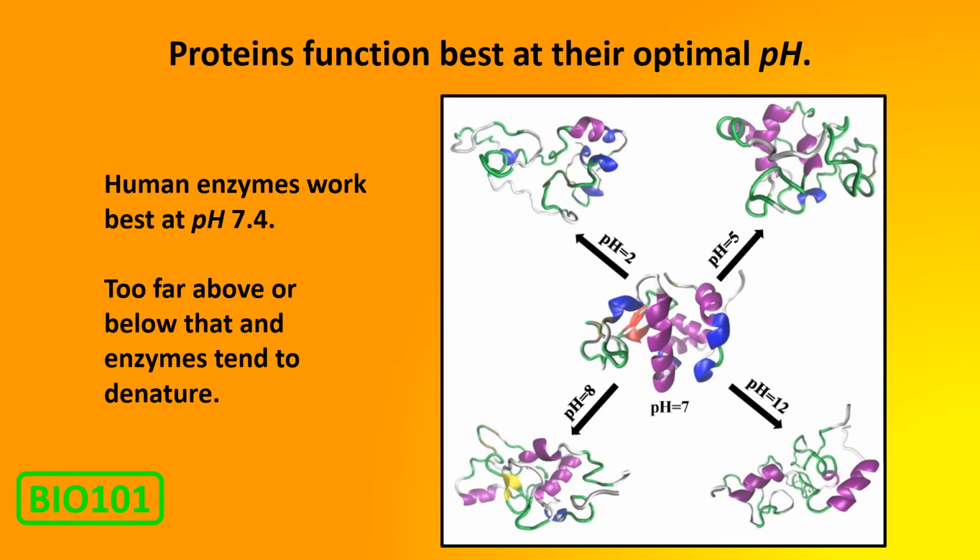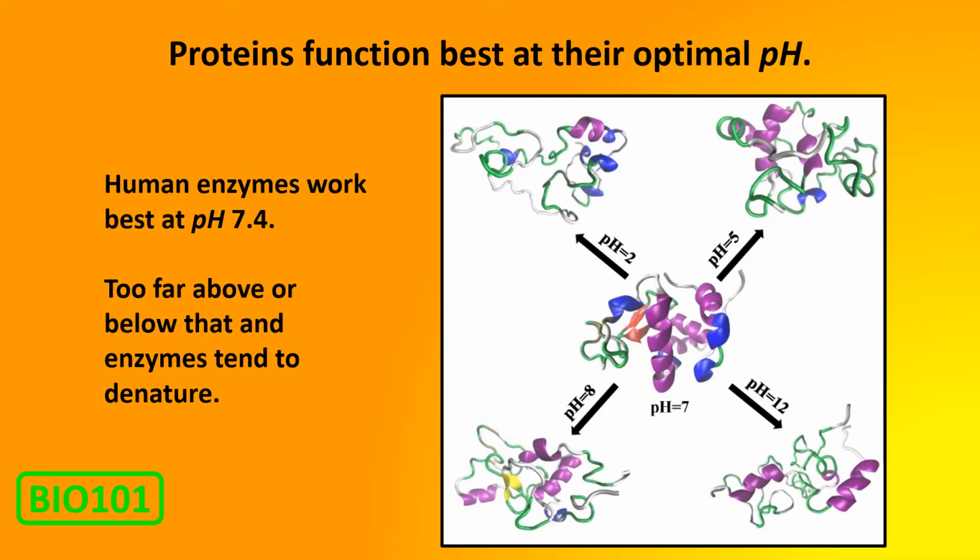Proteins also function best at their optimal pH. Now, the pH of human blood is very close to neutral. Your body ideally wants to be neutral. Neutral on the pH scale is 7.0, but it runs a little bit alkaline, or a little bit basic, which is above 7.